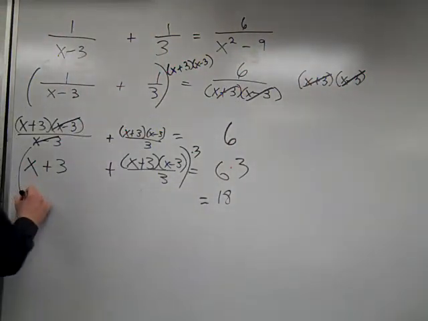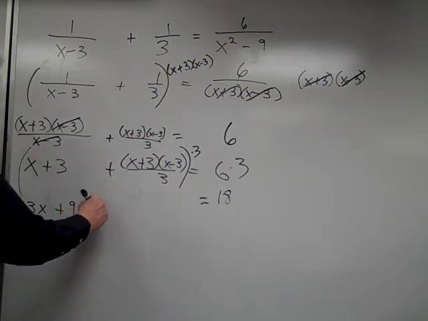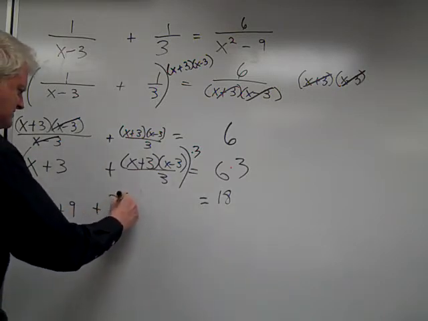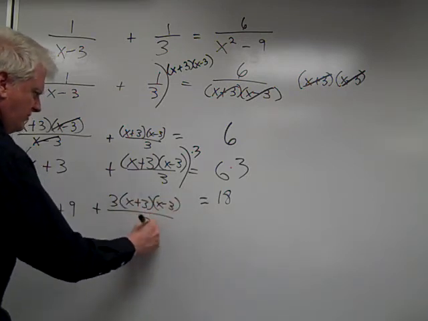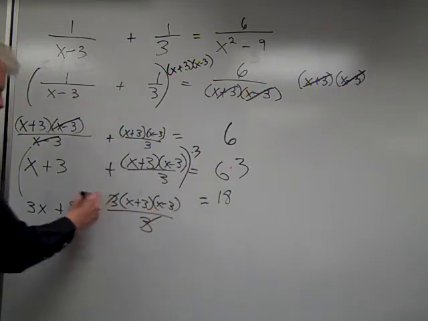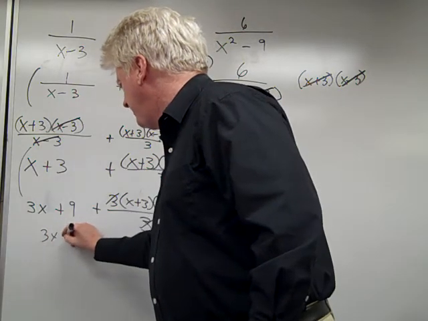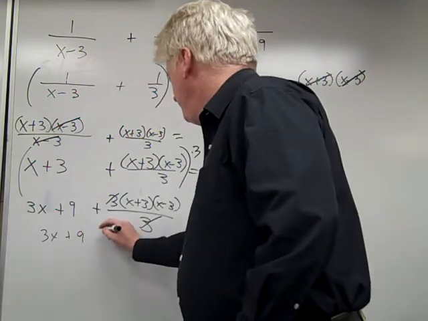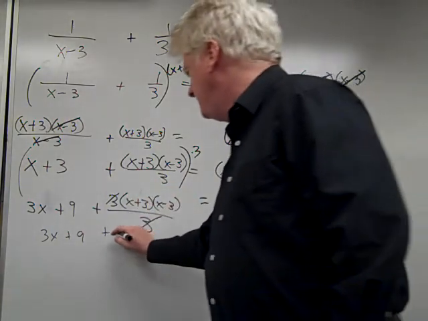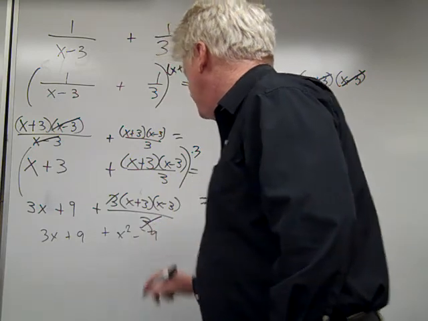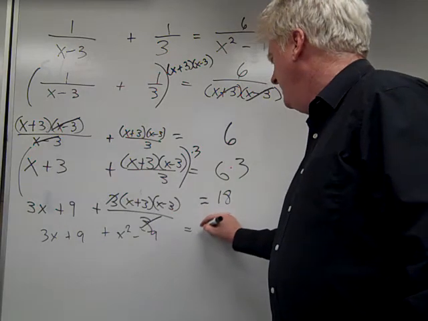This side becomes 3x plus 9 plus 3 times x plus 3, x minus 3 over 3. These 3's cancel, and so now everything's non-fractional. So let's rewrite 3x plus 9 plus, this becomes x plus 3 times x minus 3 becomes x squared minus 9. That's the difference of squares pattern. And that is equal to 18.